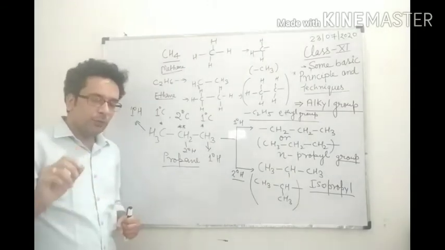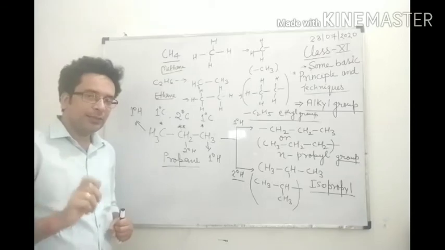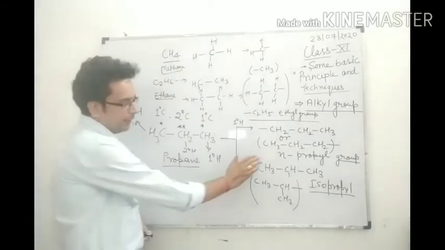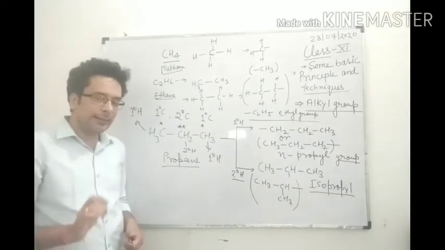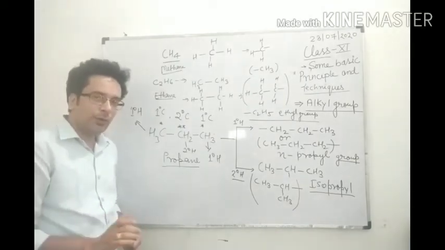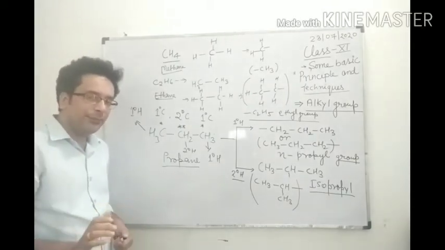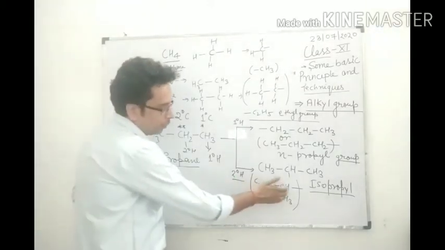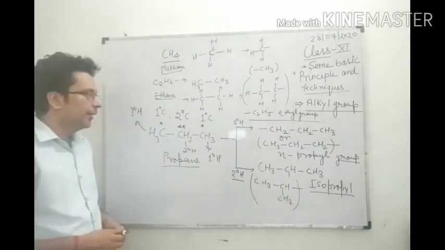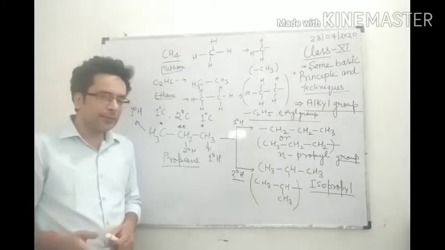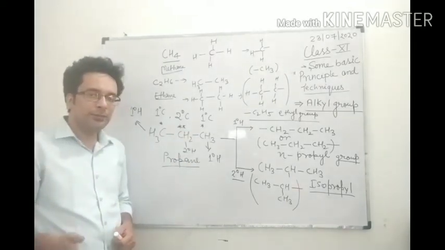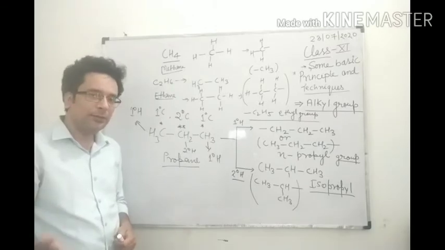If removal of one primary hydrogen takes place, then there is formation of normal propyl, and if secondary hydrogen is removed from secondary carbon, then there is formation of isopropyl group. So these are about the alkyl group and why propane gives two types of alkyl groups.